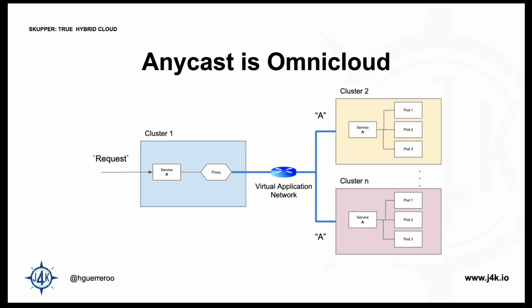Because the protocol transport that we are using on the virtual application network allows us to do things similar to what we have in the networking layer, we can do things like omnicast, anycast, or multicast.